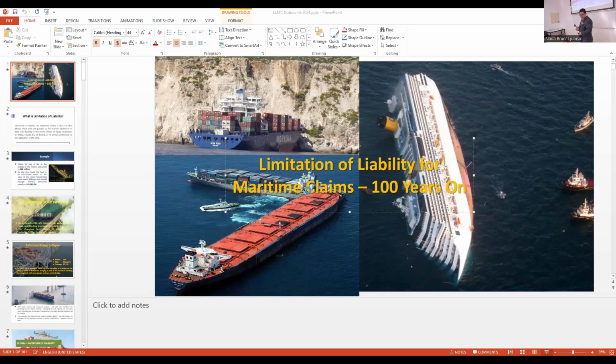It says that a person liable is not entitled to limit liability if it is proved that the loss occurred from his personal act or omission, committed with intent, or recklessly and with knowledge that such loss would probably result.